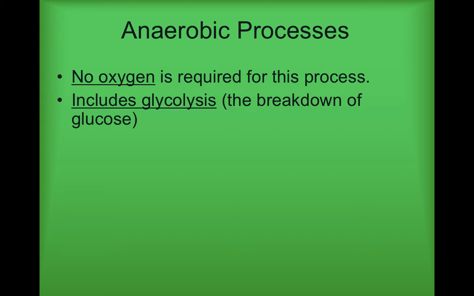Anaerobic uses glycolysis, and aerobic uses it as well. Glycolysis just means the breakdown of glucose, because remember, we start with glucose, that stored food energy. But then it goes to the stage of fermentation. The reason it ferments is because there's no oxygen available to take it inside the mitochondria.